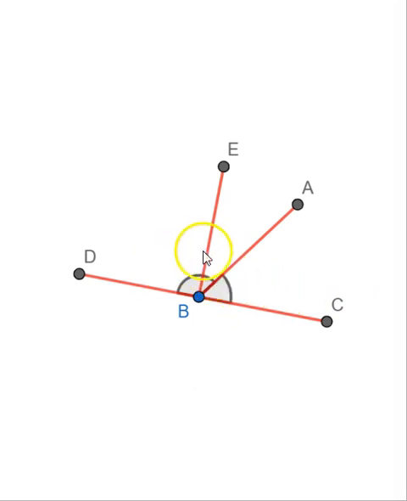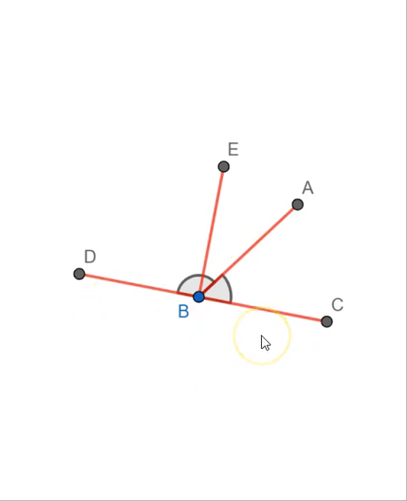So now based on the definition, we know that angle DBE is 90 degrees and CBE is 90 degrees. That means the sum of these two angles, that is CBE and EBD, is 180 degrees.